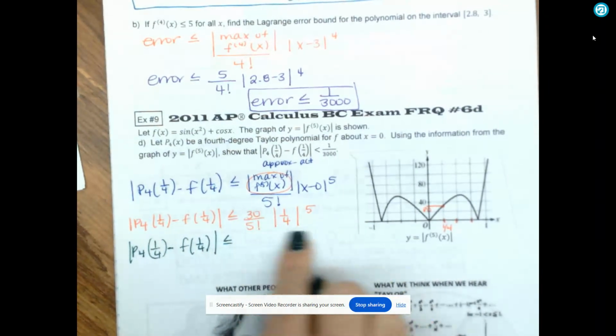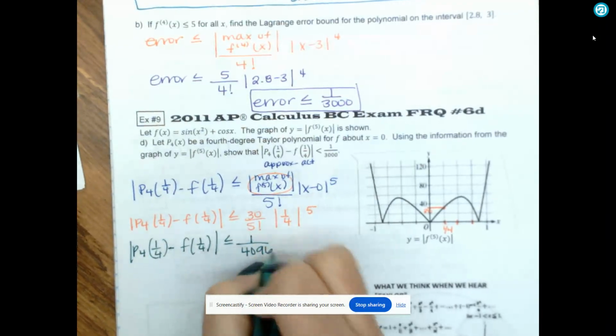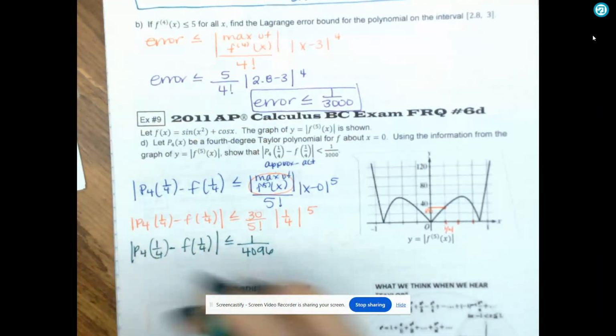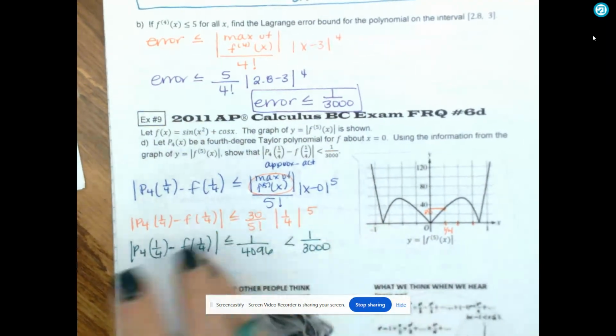If we work all this out, we get 1 over 4,096, which we know is less than 1 over 3,000.